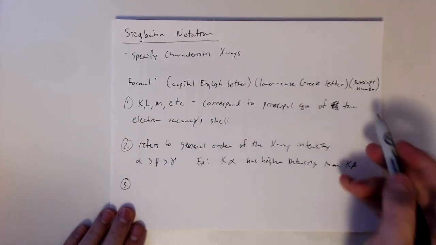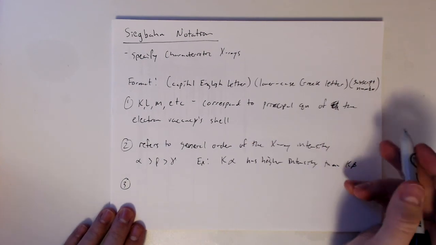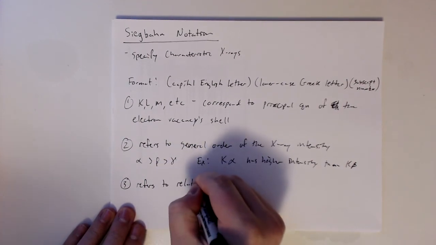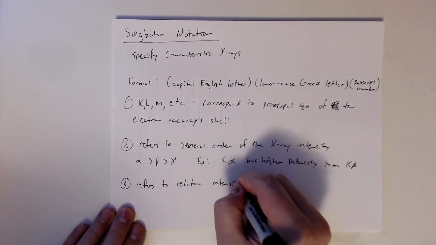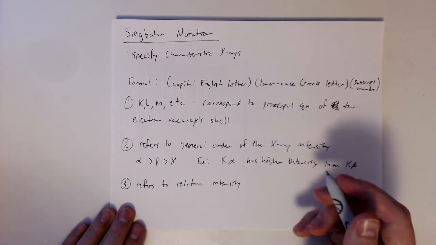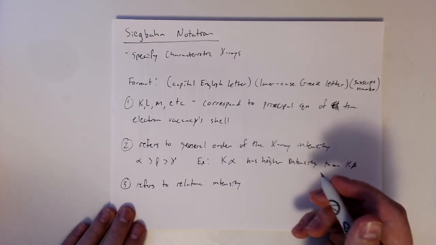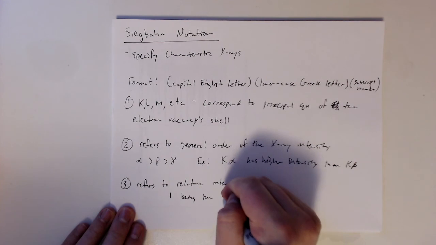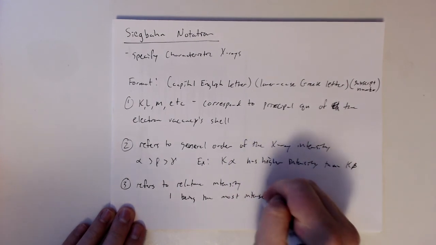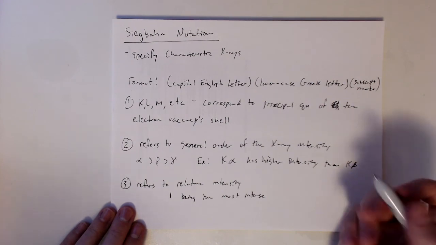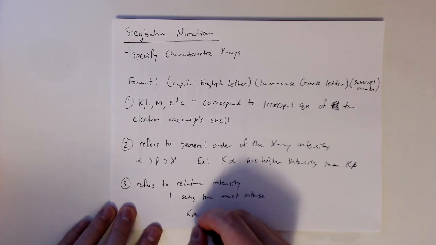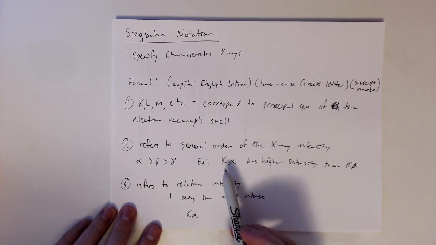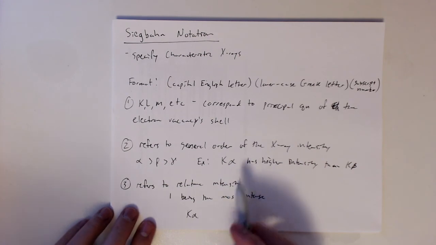And the last thing, the subscript number that we saw also refers to relative intensity. So in this case, we have 1 being the most intense, and then followed by 2, etc. So this differentiates, for example, K alpha, where we have the same general transition.